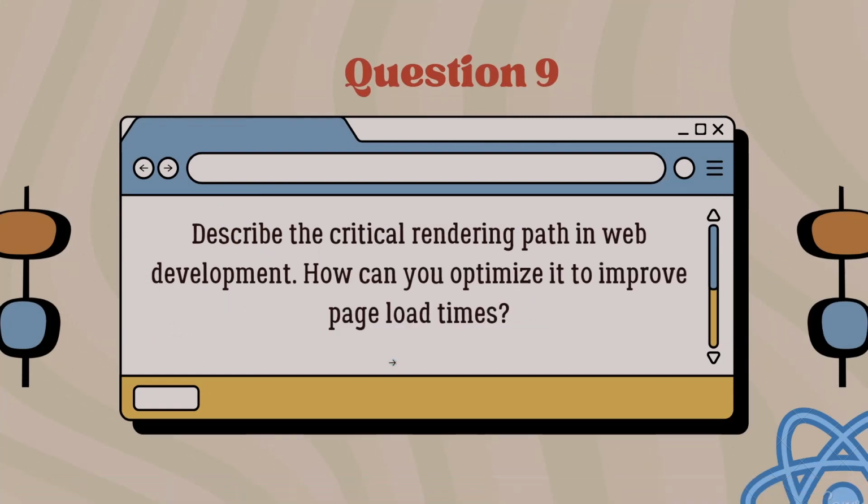Next question is the critical rendering path in web development. How can you optimize it to improve the page load time? So let me tell you, if you are able to answer this question, what exactly the critical rendering path is, it means you are very much aware of how exactly the browser processes the HTML file, CSS file, JavaScript file, what exactly the DOM tree is, and how exactly the UI is painted on the screen.